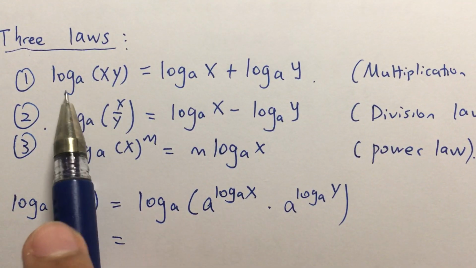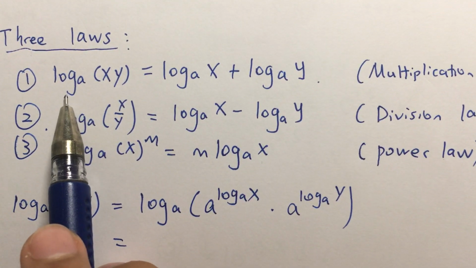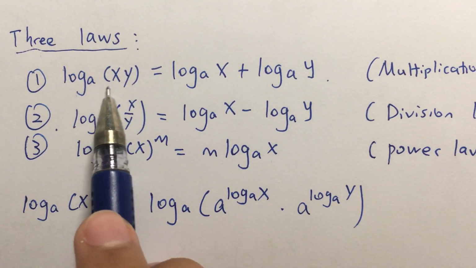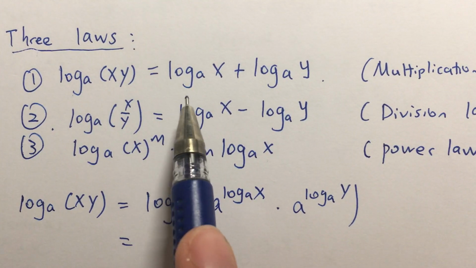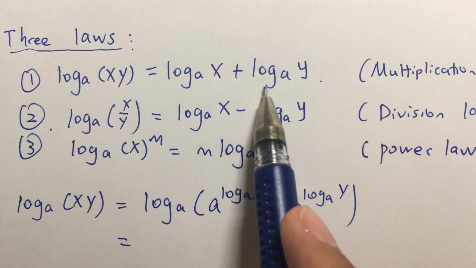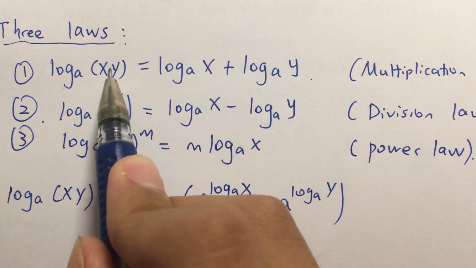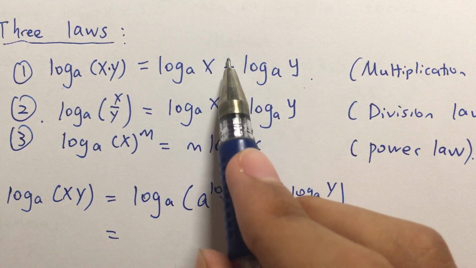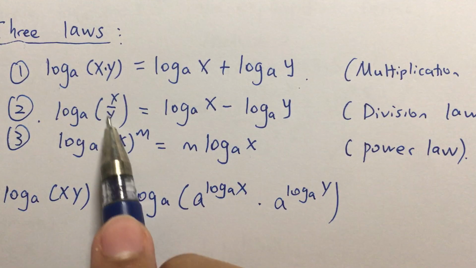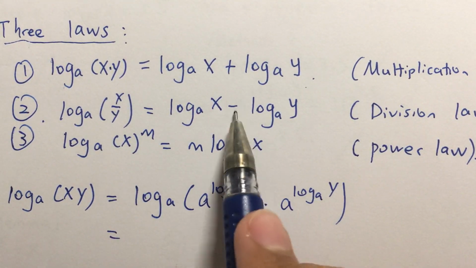What are those three laws? Well, firstly, log base a of xy is equal to log_a x plus log_a y. So when this is times inside, it becomes add. When this is dividing, it becomes subtract.